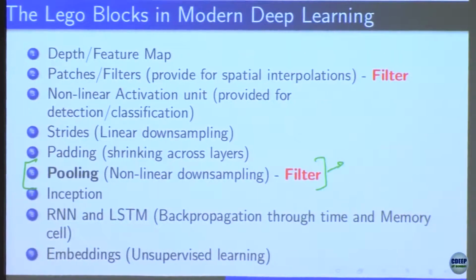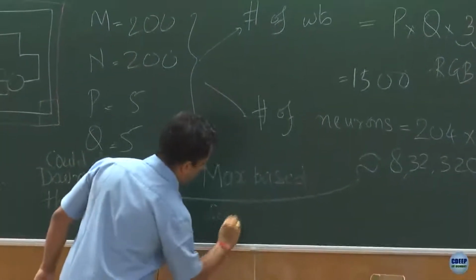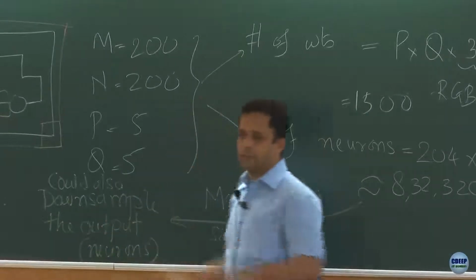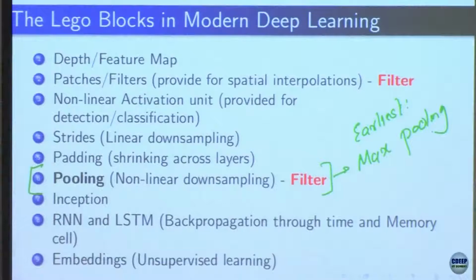It's also a filter. It's called the max pooling filter, and as your friend pointed out, I'll just pick some of the maximum activations amongst these neurons. So max based sampling, pick the max value, for every chunk.